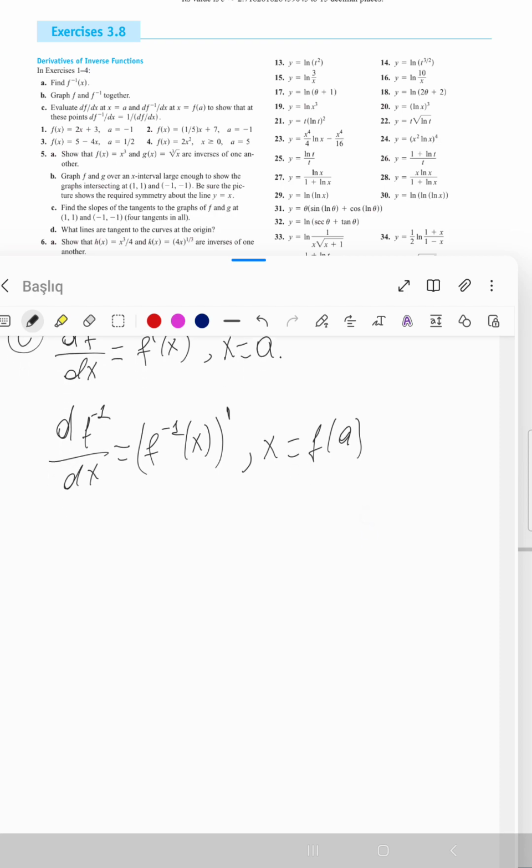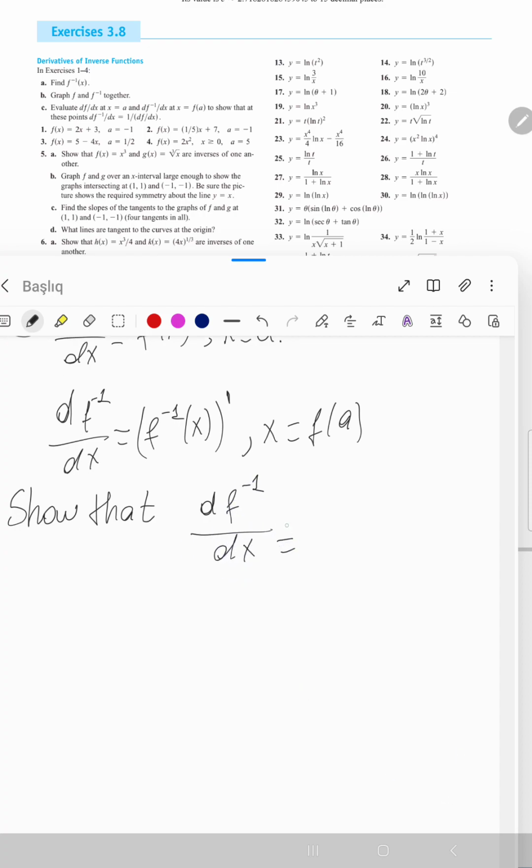So we have to show that df inverse over dx equals 1 over df over dx.